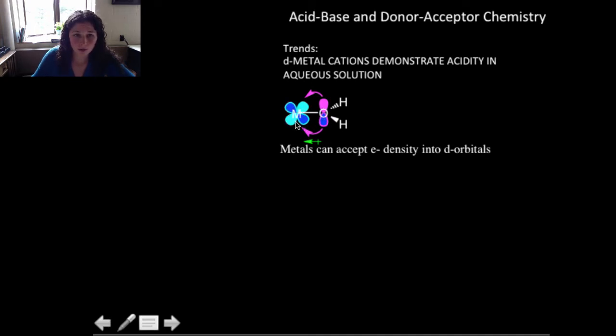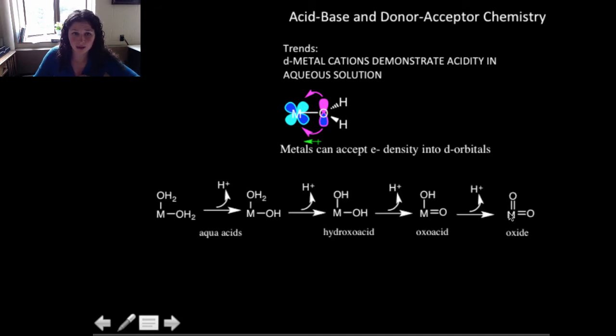The metal orbitals can accept electron density from the ligand in either a sigma bond or a pi bond fashion, and they really polarize this bond, which weakens the hydrogen electrons. So because d metals can accept electron density into their orbitals, they have the effect of demonstrating acidity in aqueous solution.